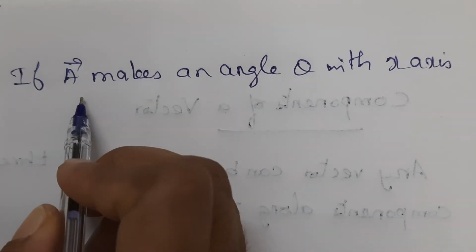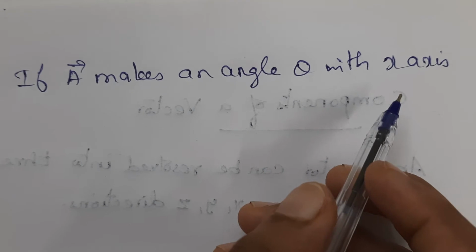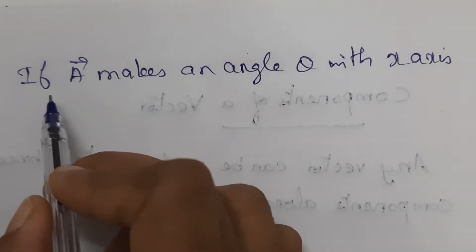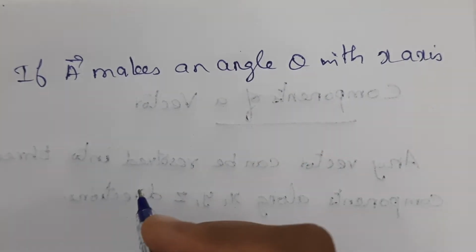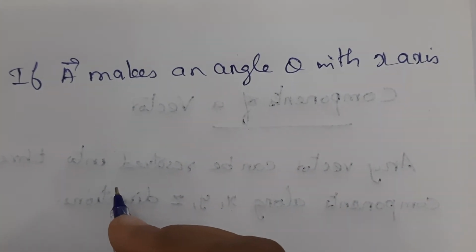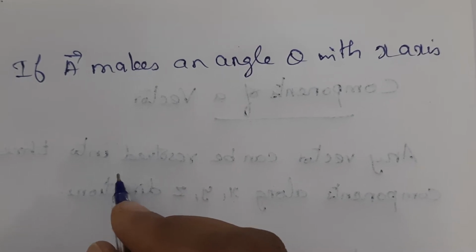If A vector makes an angle theta with the x-axis, Ax and Ay are the components of A vector along the x and y axis.